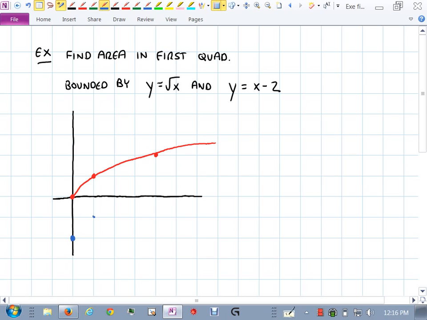So up 1 over 1, up 1 over 1, up 1 over 1, like this, right? Do you see the area that we're talking about?